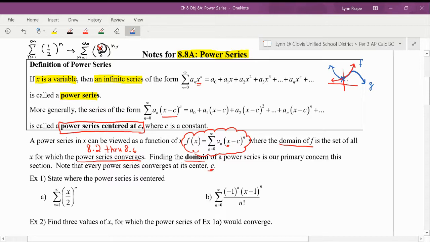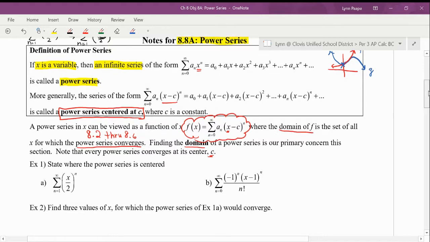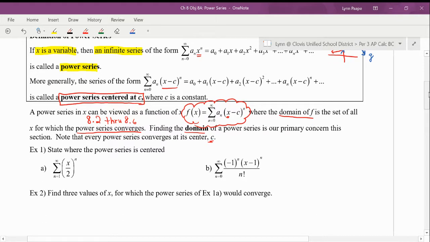So you will always have at least one value in the domain, and that will always be at least the center.